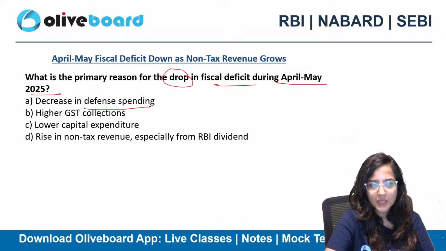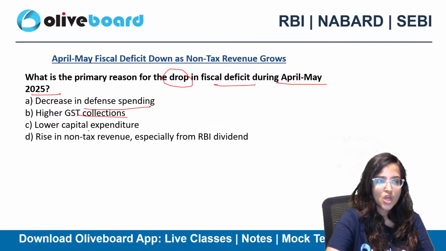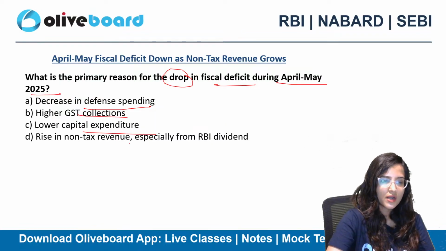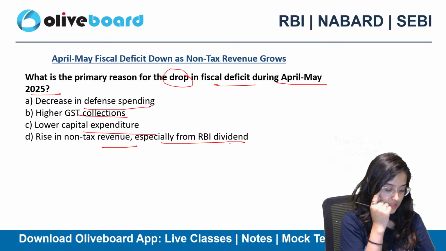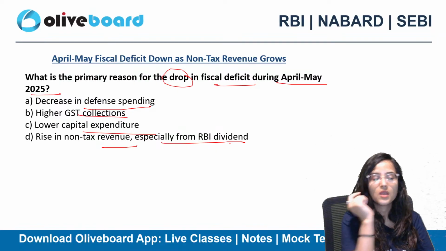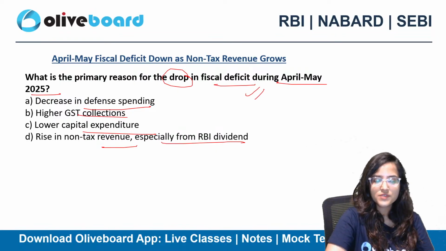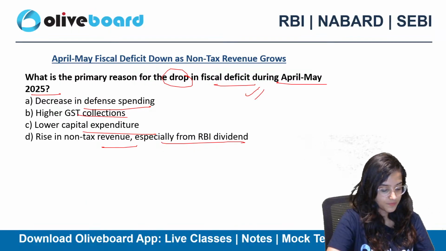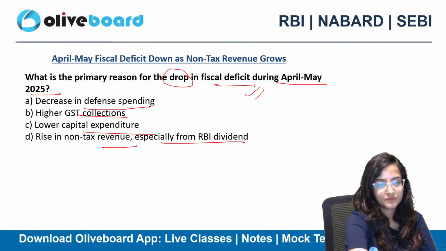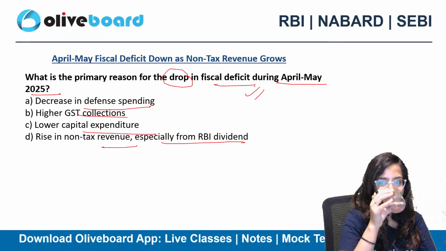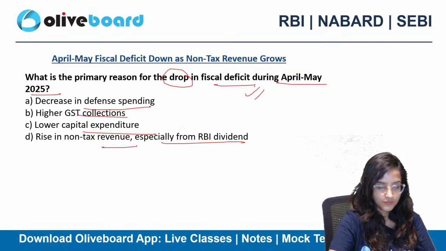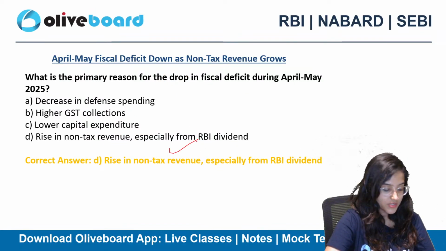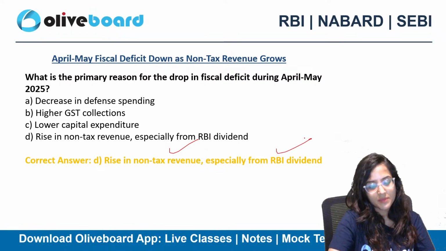Decrease in defense spending, highest GST collections, lower capital expenditure, or rise in non-tax revenue, especially from RBI dividend? What is the answer? What is the reason for a drop in fiscal deficit? Yes, rise in non-tax revenue, especially from RBI dividend.